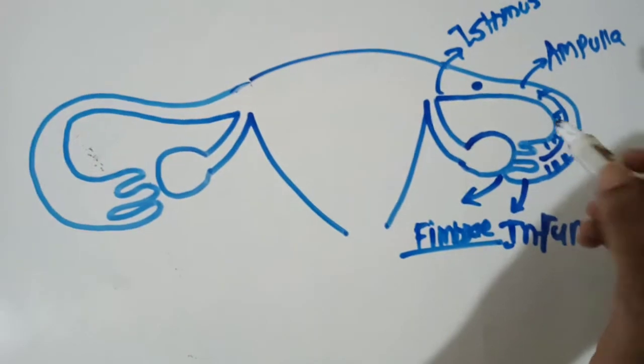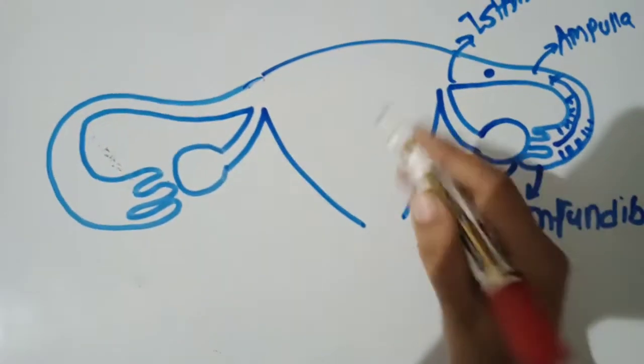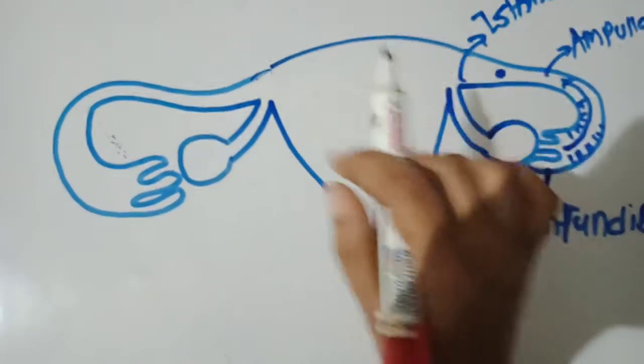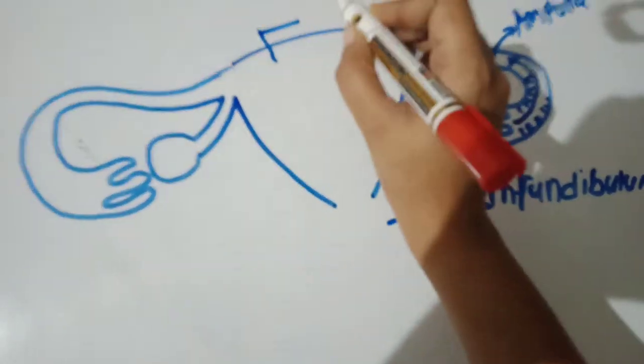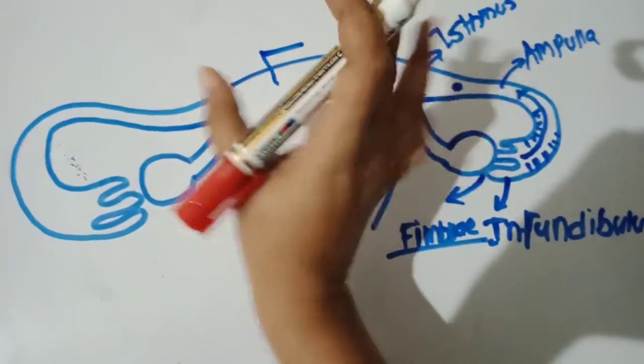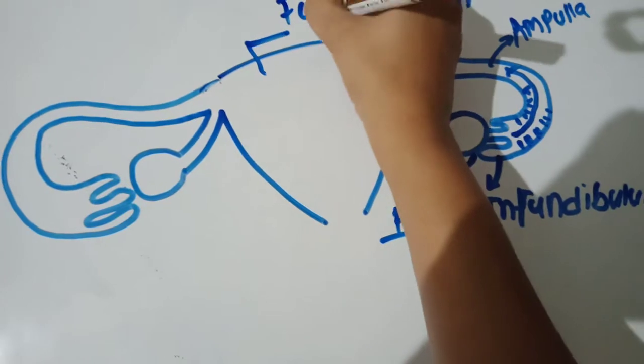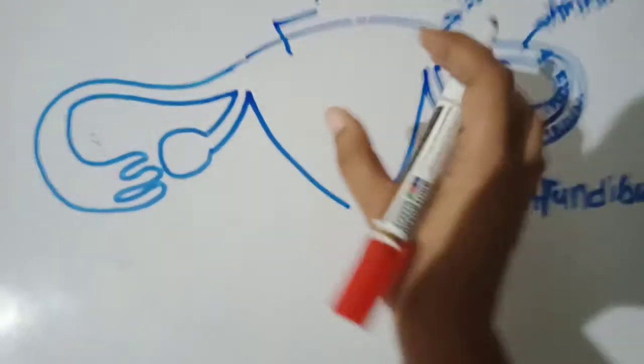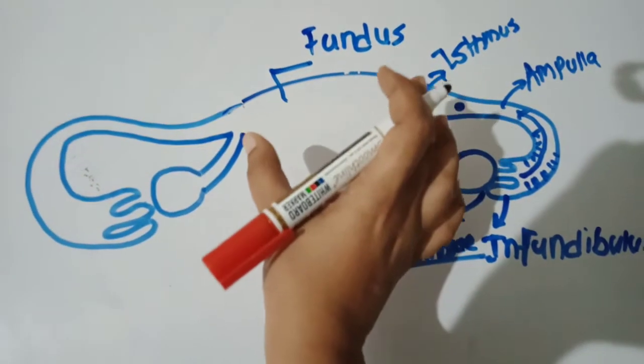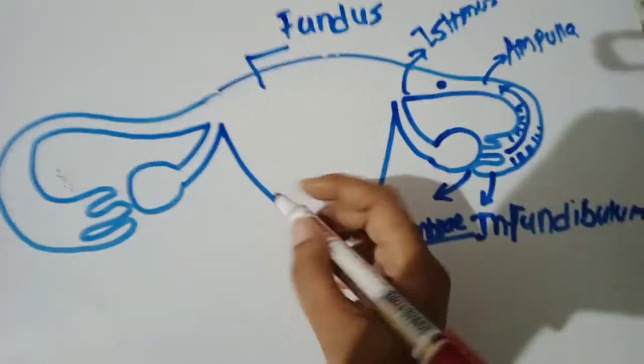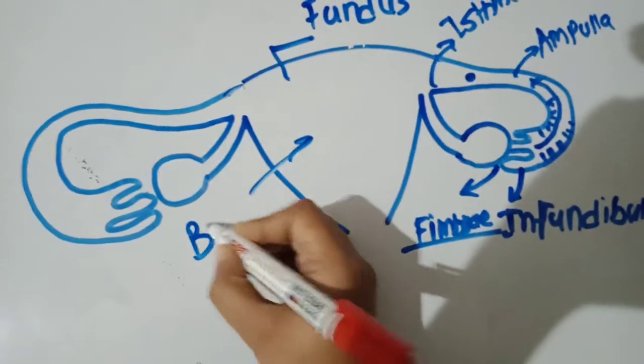Apart from that, here you will see your uterus is also divided into 3 parts. This dome-shaped, broad part is called the fundus. The central body that tapers downwards is called the body.